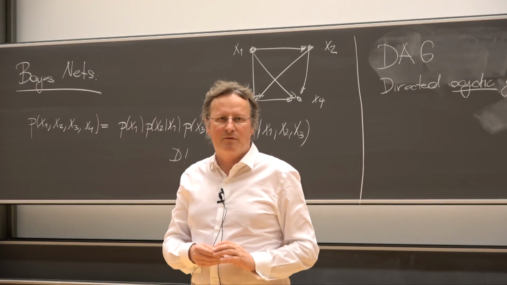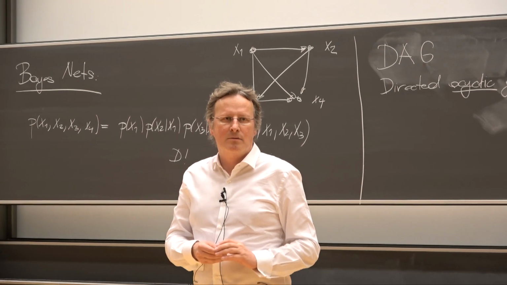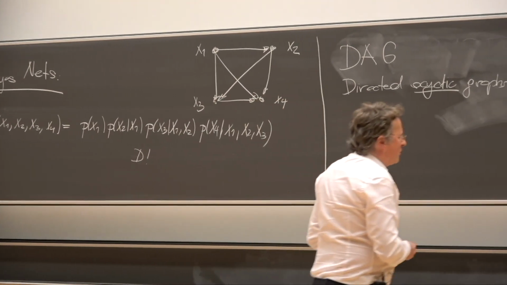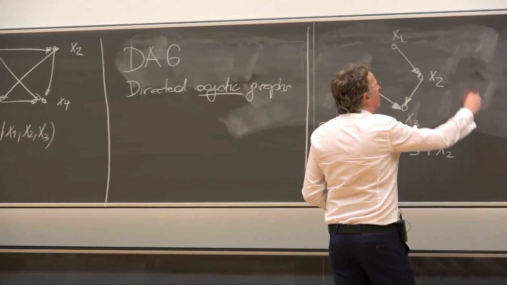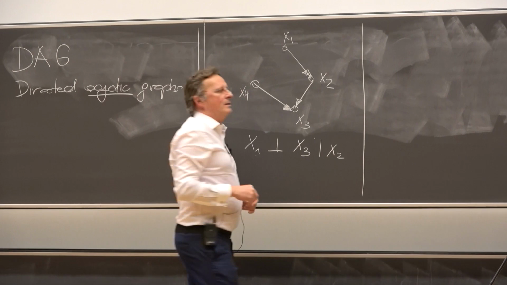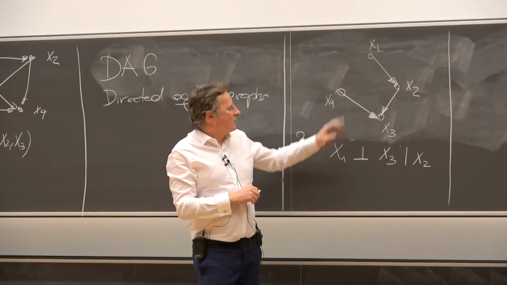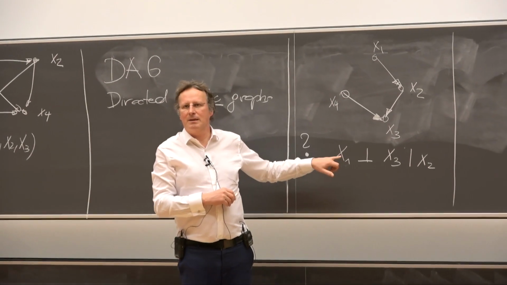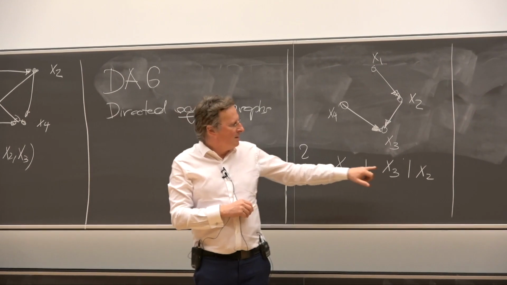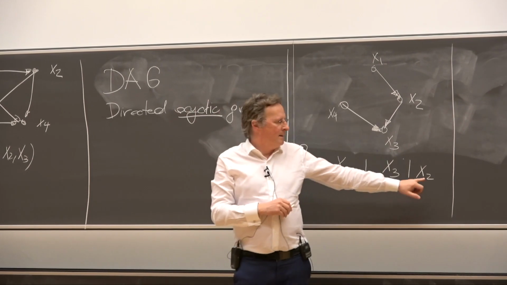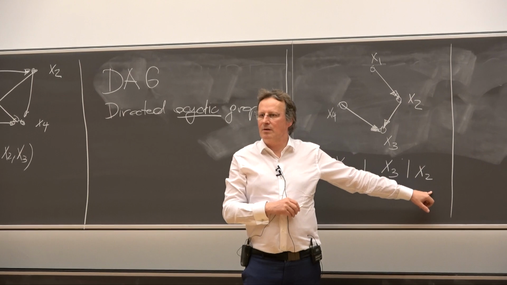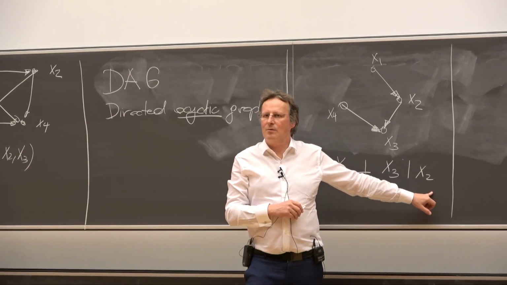Okay, so these are the kind of questions that we would like to answer. Generically, we'll be able to answer much more general questions. It will in general not just be a single random variable, but there could be a whole group of random variables, and also a whole group of random variables in the conditioning.